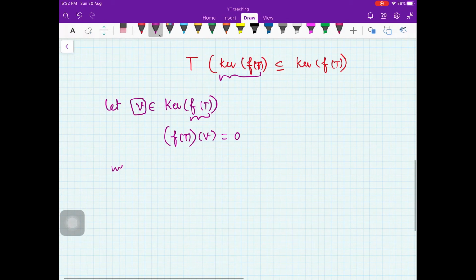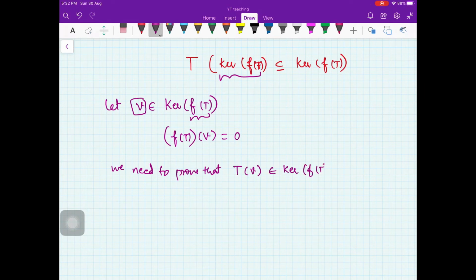Now we need to prove that if you operate T on v, then T(v) also belongs to the kernel of f(T). This is what you want to prove. It means that we want to prove that f(T) operated on T(v) should be 0, by the definition of the kernel.